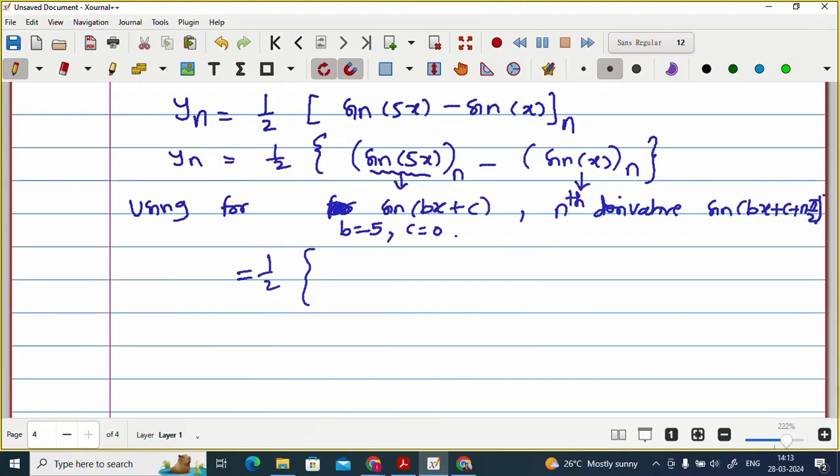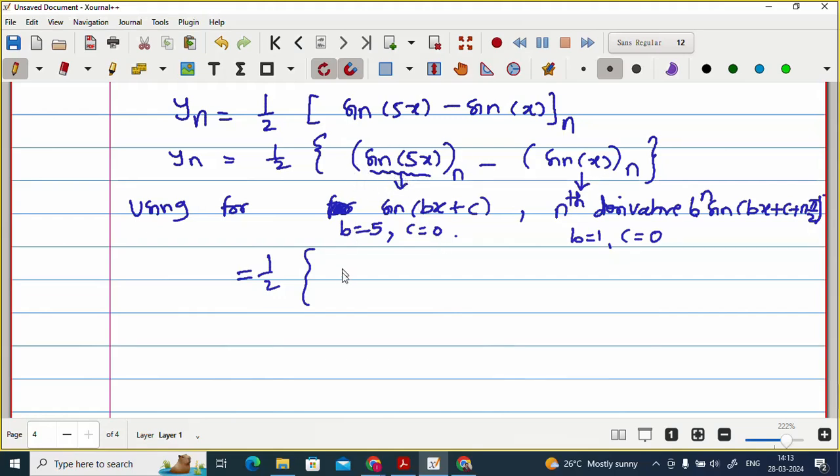Here also we have sin, but what is b for this second term? b is 1 and c is again 0. So we will apply the formula separately, with b as 5 and c as 0, and here there is a b raised to n in the formula. The derivative of sin of bx plus c is b raised to n sin of bx plus c plus n pi by 2.